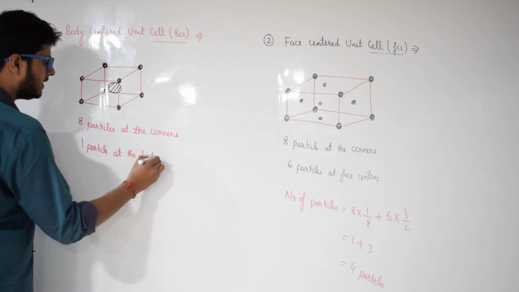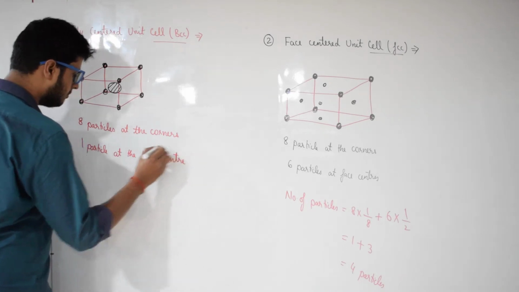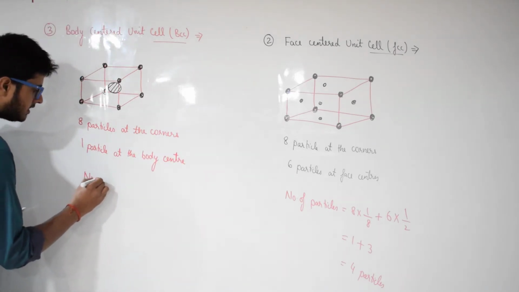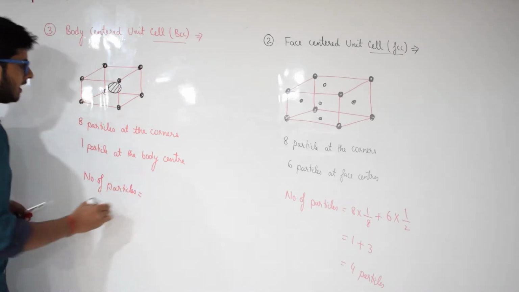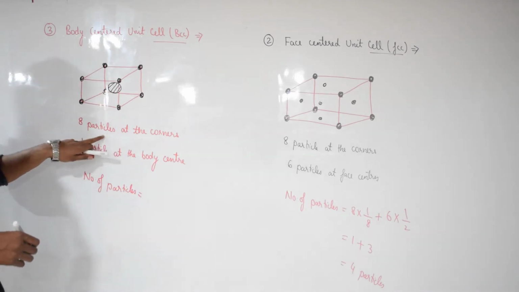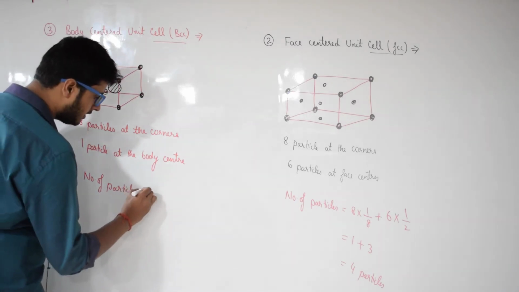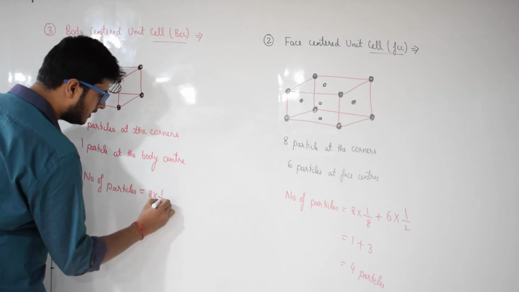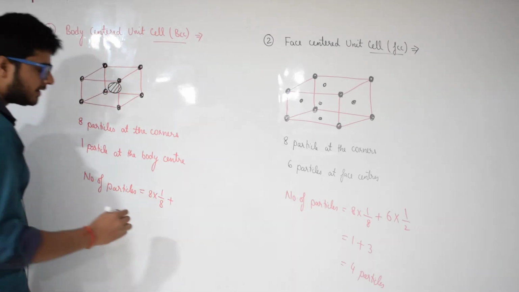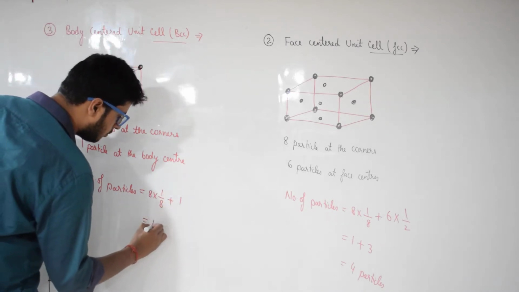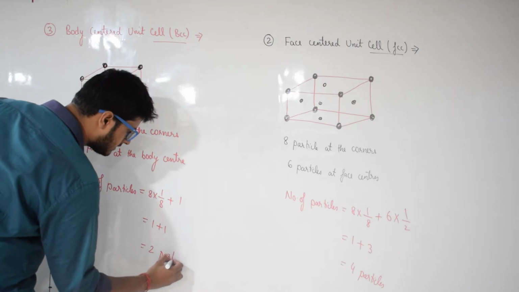So, number of particles in case of BCC arrangement would be, we have 8 particles at the corners and the contribution of each particle at the corner would be 1 by 8. So, the expression would be 8 multiplied by 1 by 8 and we have one particle at the body center, and the contribution would be complete 1. So, it would be 1 plus 1, that will be equal to 2 particles.